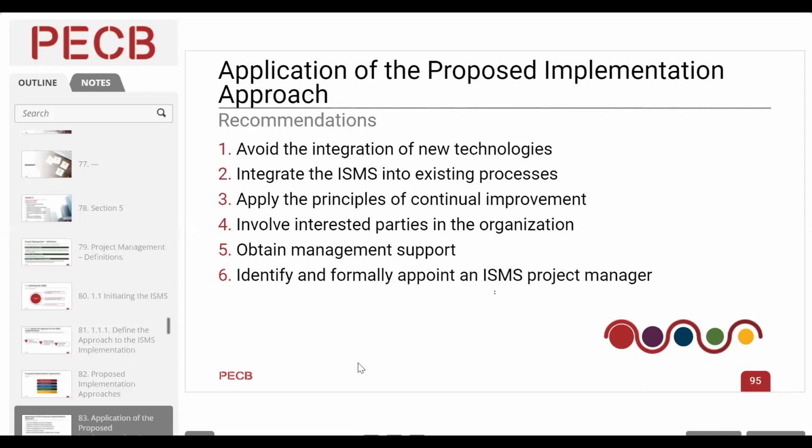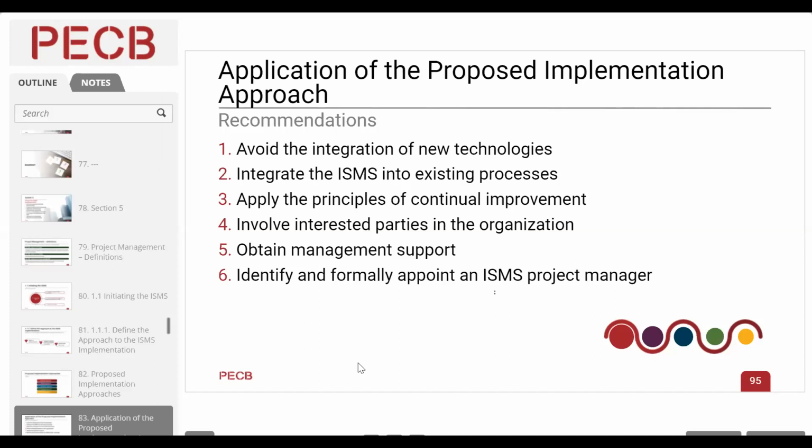So we need to have a project manager. Invariably, the ISMS project manager, the person who is leading the project in implementing the ISMS, is expected to be the information security manager after the implementation is completed.